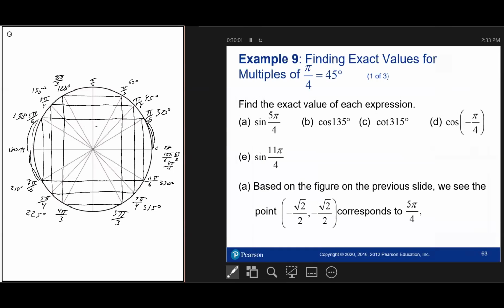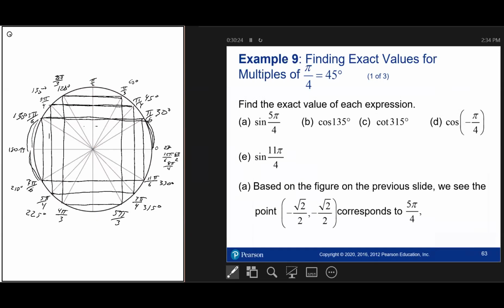Yeah, well, it's because of the symmetry of a circle. A circle has infinite numbers of symmetry. It has symmetry with respect to the y-axis, that's the symmetry going this way.